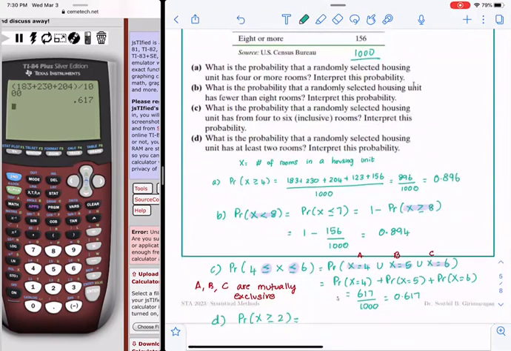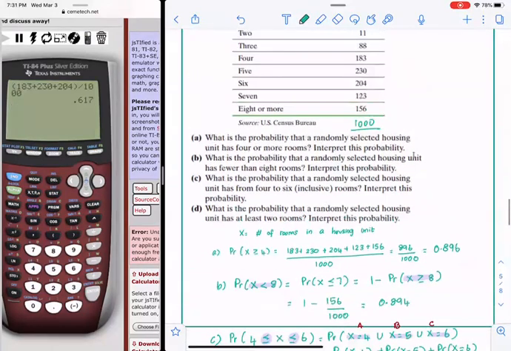What is the complement of greater than or equal to 2? It is X less than 2. Well, X less than 2 would simply mean there is only 1 room. Of course, you could say no rooms at all, but what is the point in having a housing unit if there aren't any rooms? So less than 2 would simply mean X is equal to 1 in this problem.